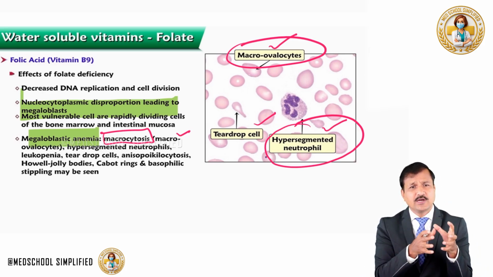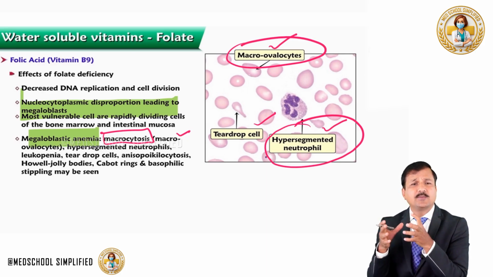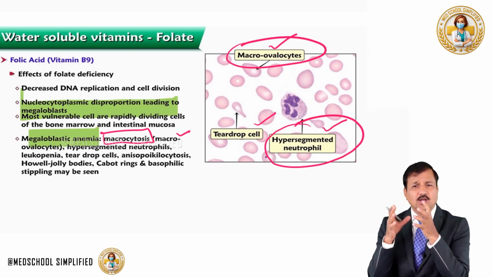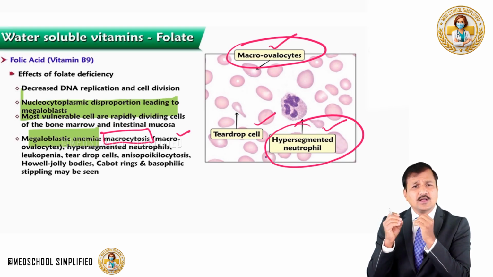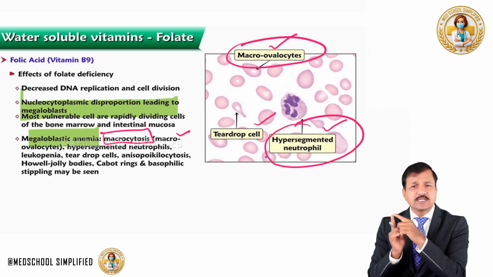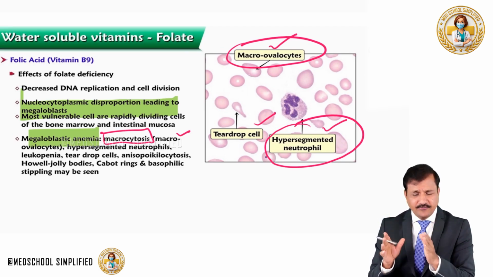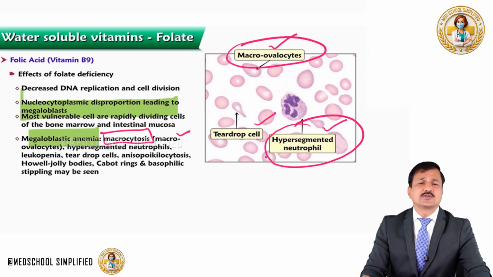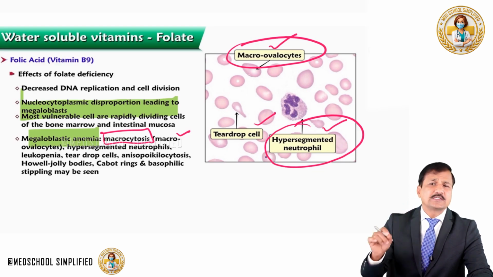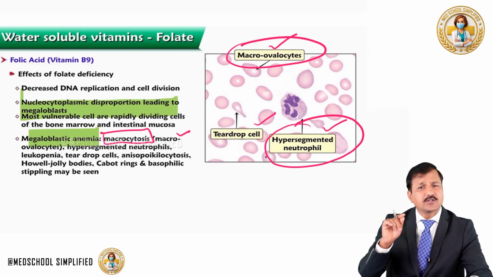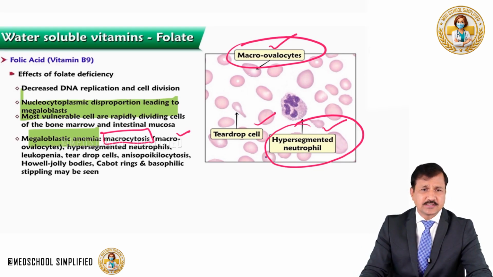Like out of 100 white blood cells, 5 neutrophils showing 5 lobes. Or at least one 6-lobed neutrophil, if it is seen, that is diagnostic of hypersegmented neutrophil, which is commonly seen in folic acid deficiency, and also seen in cobalamin deficiency.